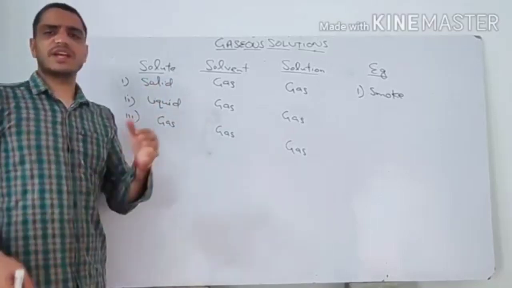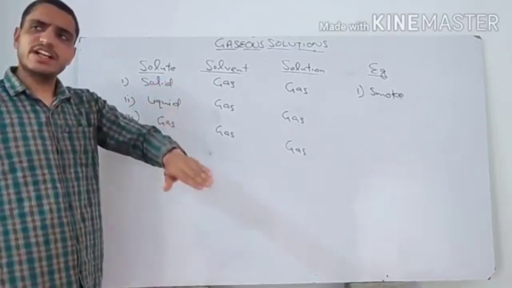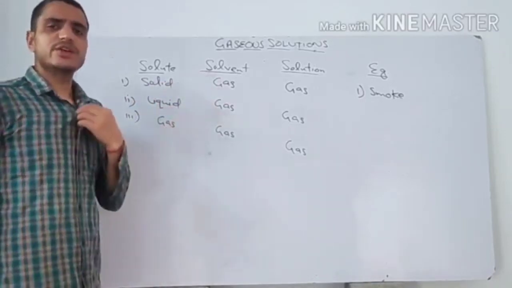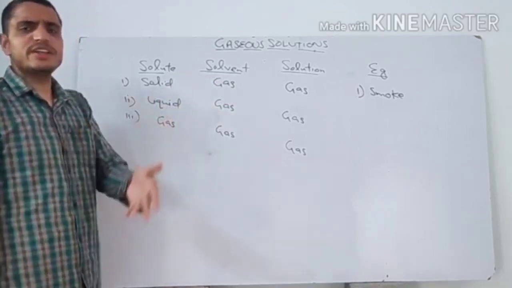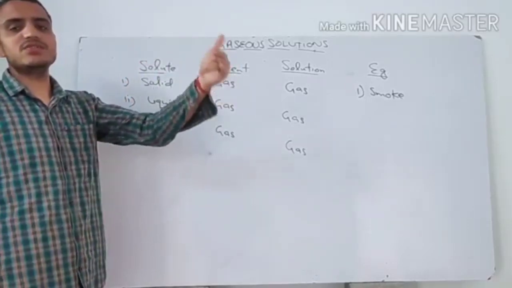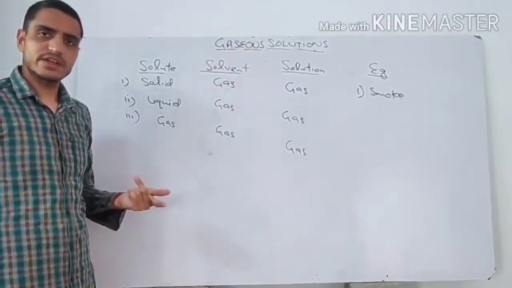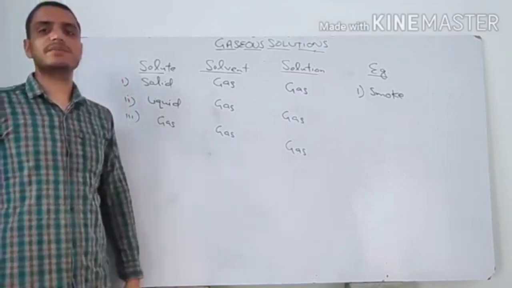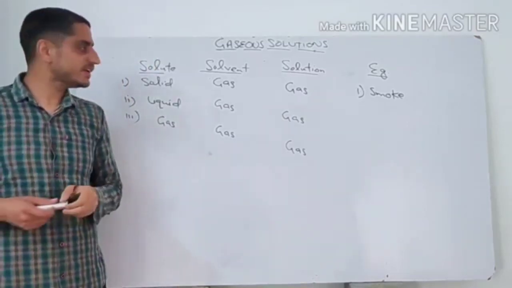Then liquid in gas. You know this. Sometimes you feel the humidity level is more, sometimes less. When the humidity level is more in the atmosphere, you feel irritated. A lot of sweat comes. Humidity means water vapors are present in more quantity in the air. If water vapors are present in less quantity in air, humidity is less. Clear?